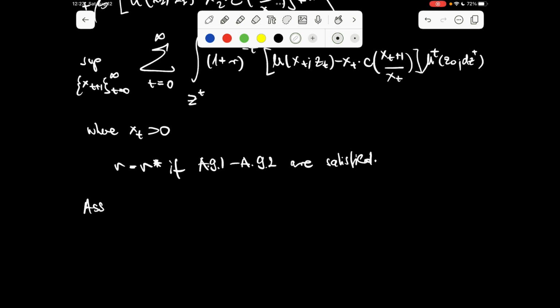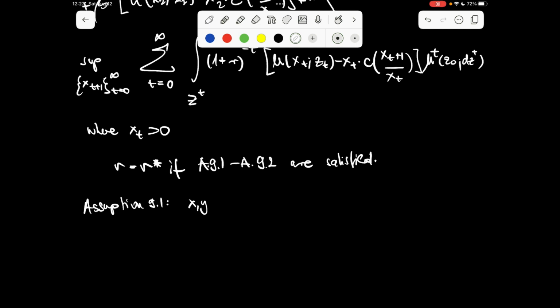Assumption, let's go step by step. Assumption 9.1 is related to correspondence gamma. So let's see what we know about correspondence gamma.